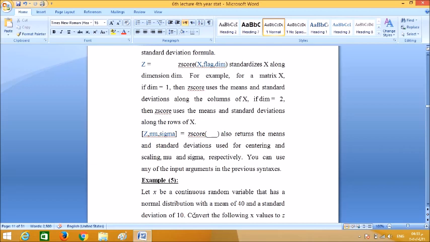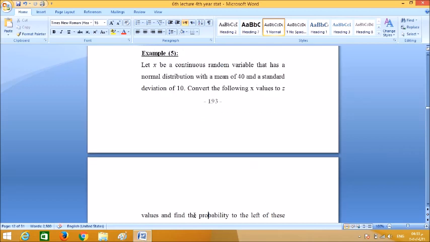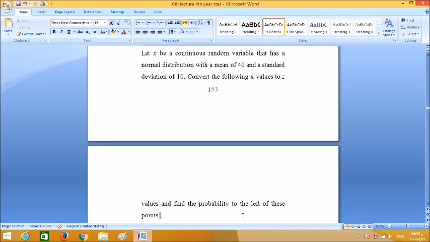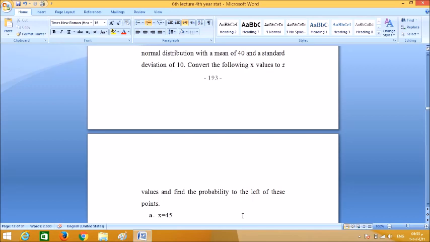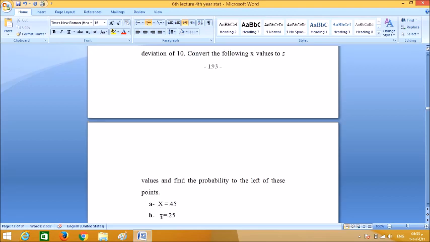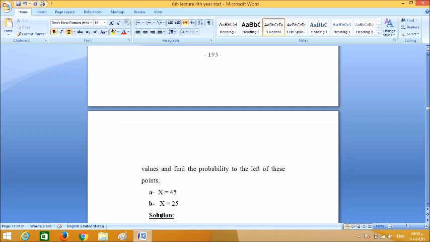Convert the following x values to z values and find the probability to the left of these points. A, x equals 45. B, x equals 25. Solution.